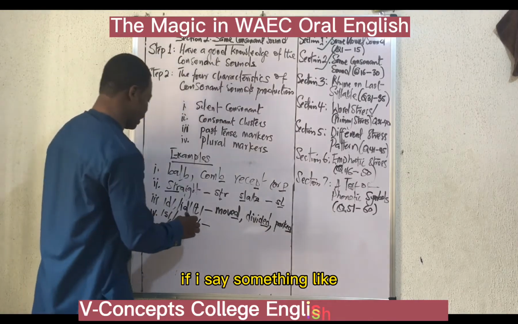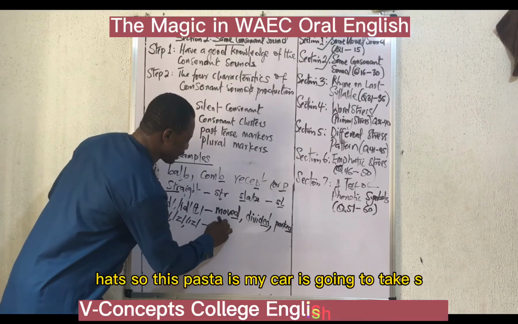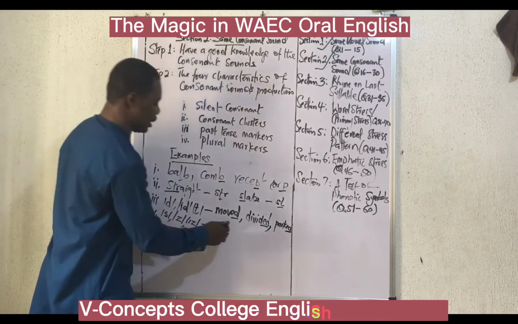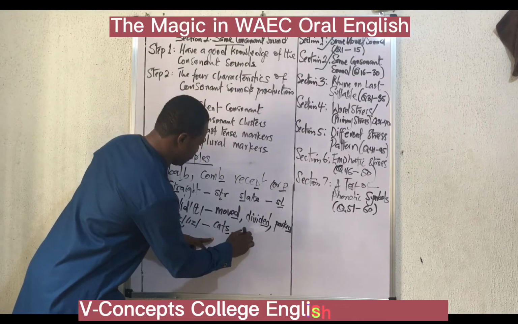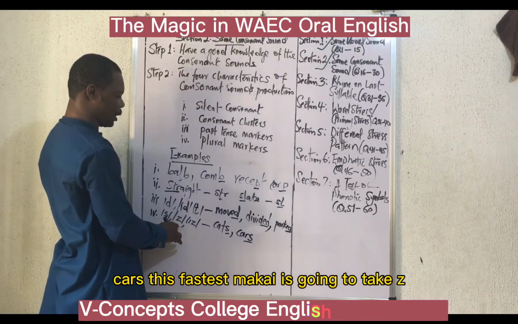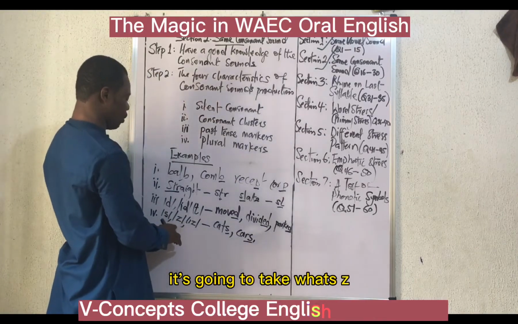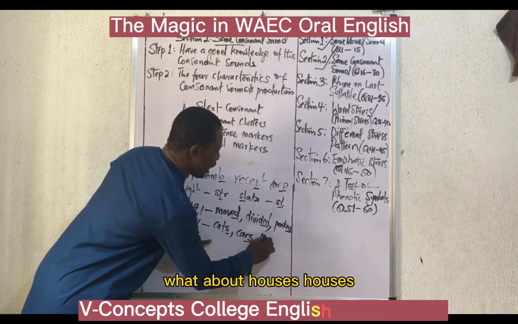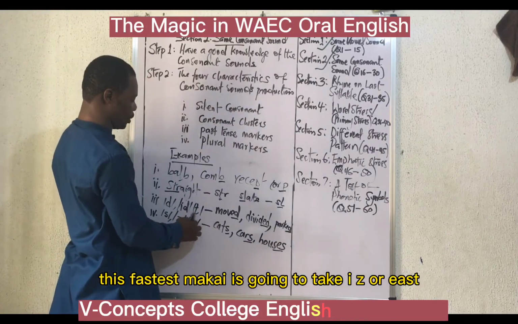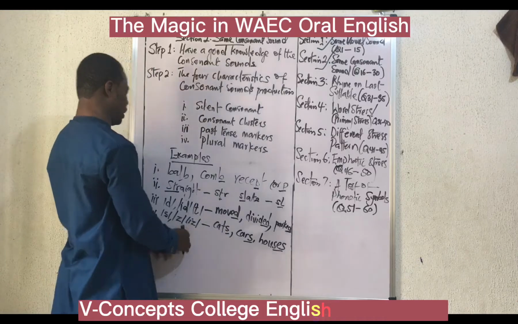If I say cats, this plural marker is going to take S. What about cars? This marker is going to take Z. What about houses? This marker is going to take IZ.